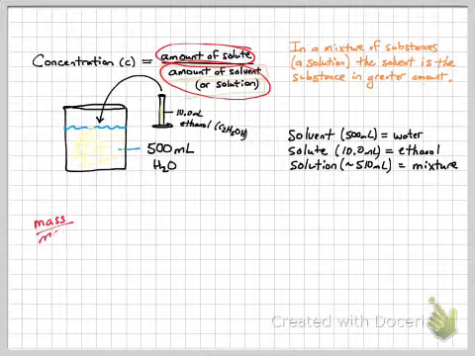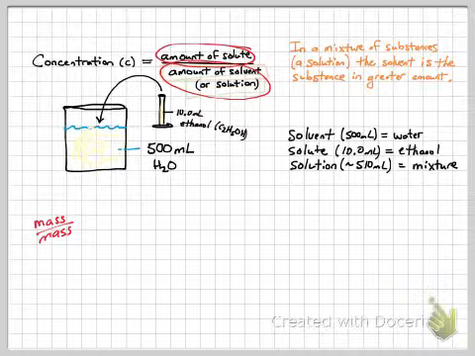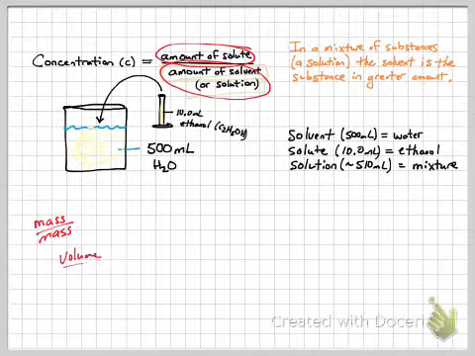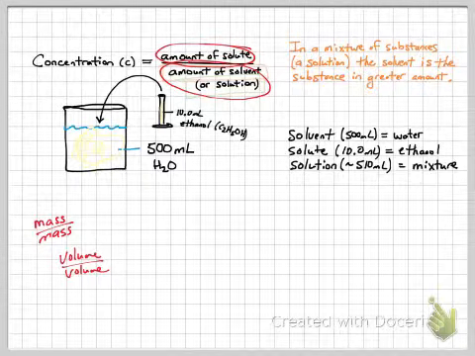Well, you can use lots of different things. For instance, concentration can be in mass of solute over mass of solvent or mass of solution. You can express the quantities in volume. So if you have two liquids, that might be very convenient to talk about the volume of solute over the total volume of solution.